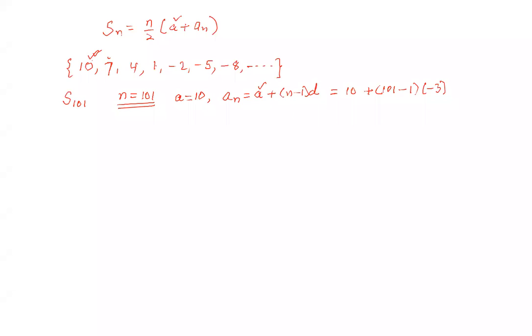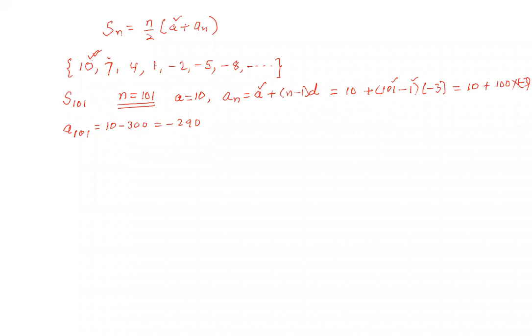If you simplify it, what do you get? It's going to be 10 plus (101 minus 1, which is 100) times -3. So that's going to give you A sub 101. A sub 101 in our case is going to be 10 minus 300, which is equal to -290.